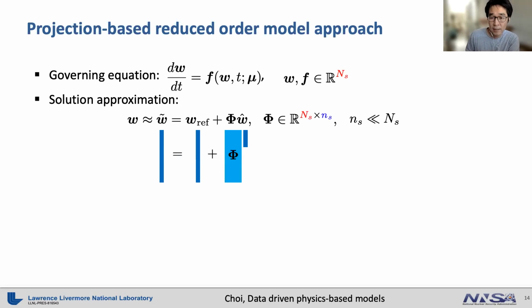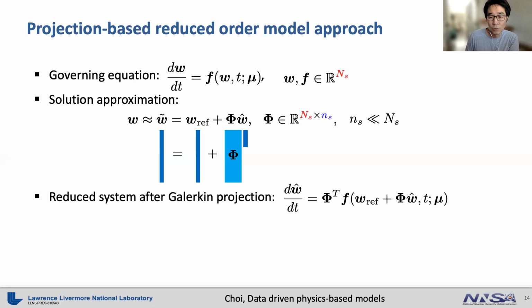Then you plug this solution representation into the governing equations. Then you will end up with an overdetermined system where you have more equations than unknowns, right? So to close the system, you apply some kind of projection. Here I have applied the Galerkin projection, which gives a reduced system of ordinary differential equations.